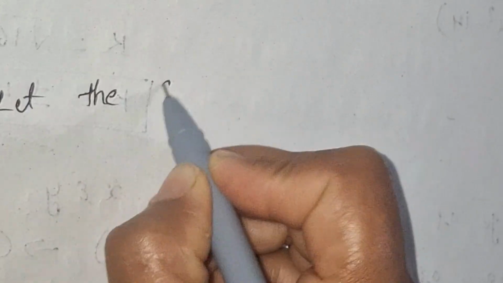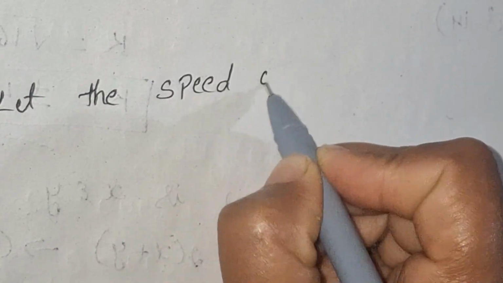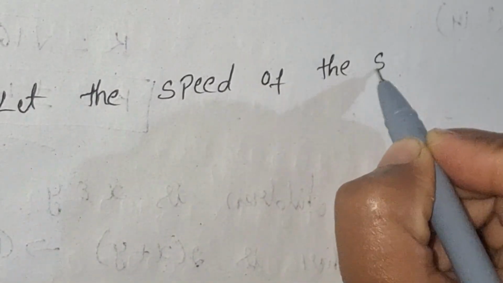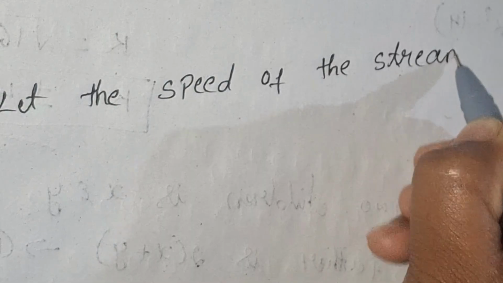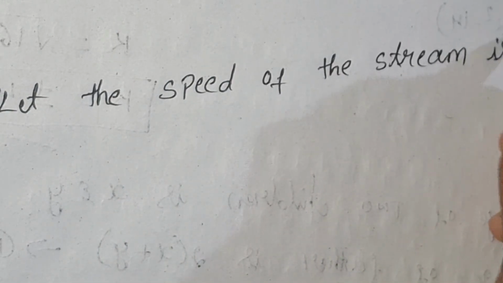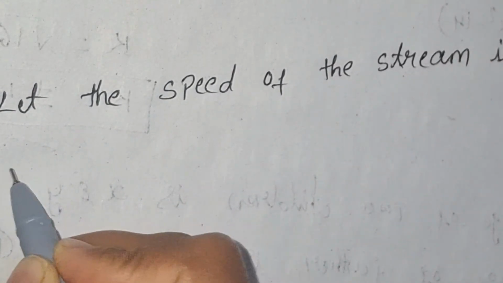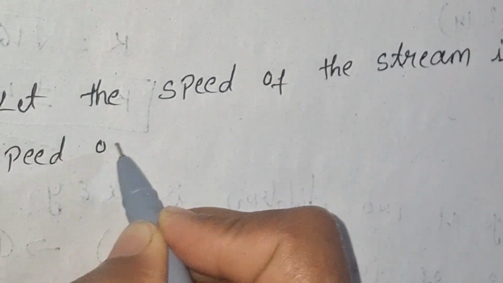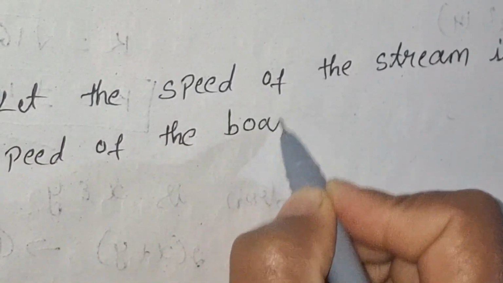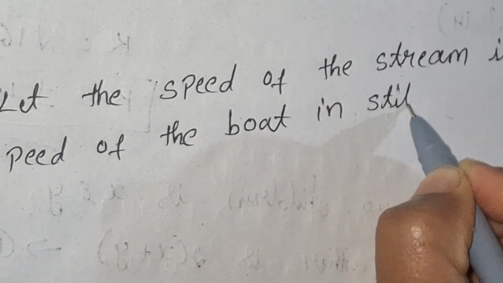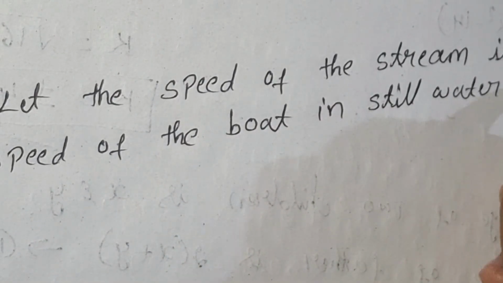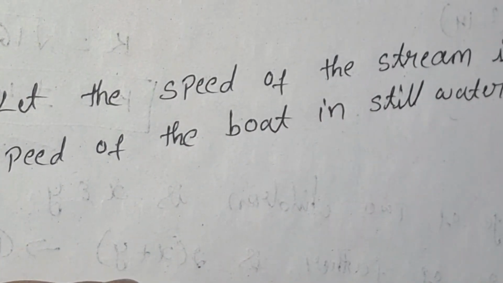Let's consider the speed of the stream. The speed of the stream is x kilometer per hour. The speed of the boat in still water is 15 kilometer per hour.